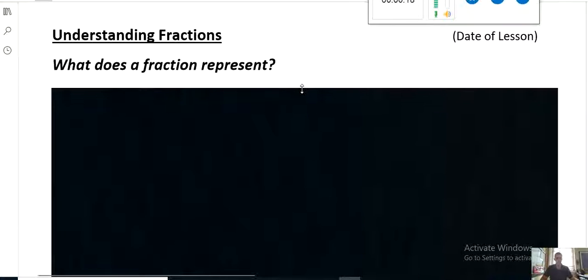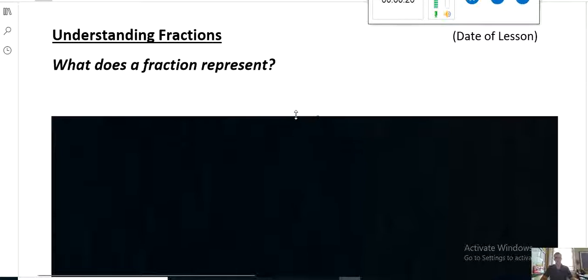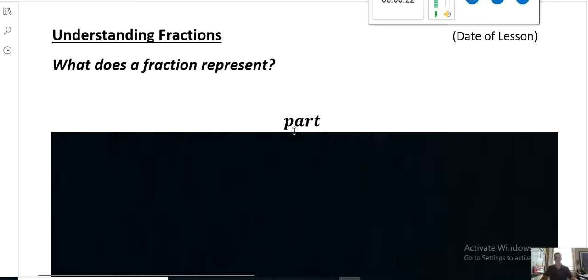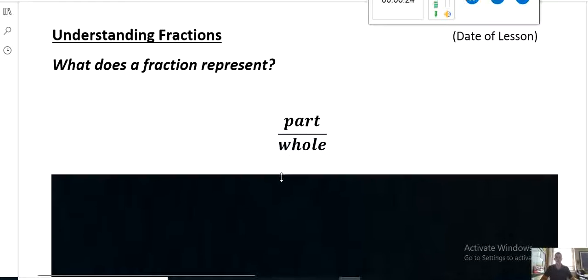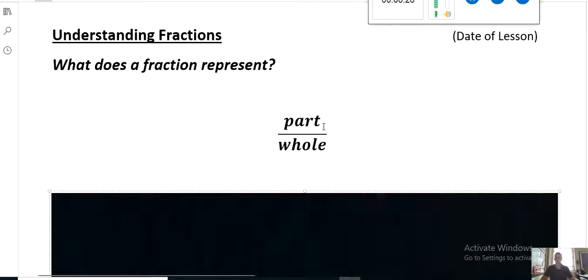So what does a fraction represent? A fraction represents how much of a part you have out of the whole. So I put that way on purpose. The top number is going to be the part, or how many parts you have, and the bottom number represents the parts total.